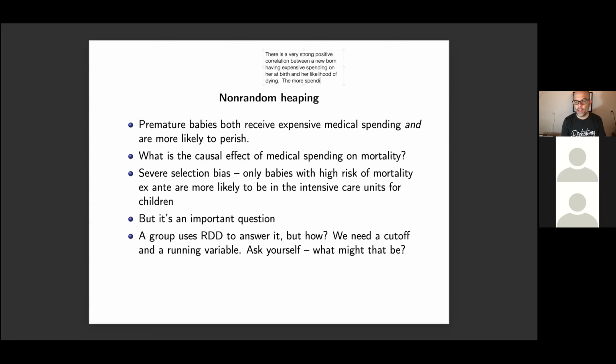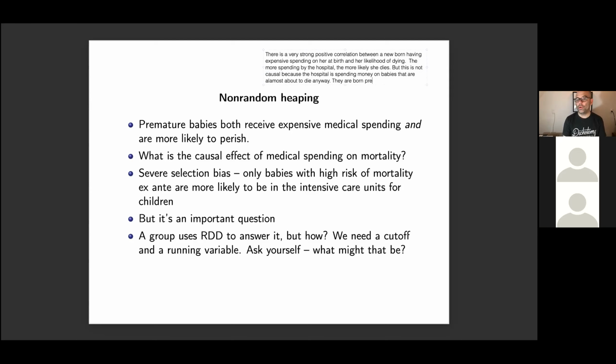The more spending by the hospital, the more likely she dies. This is not causal, because the hospital is spending money on babies that are almost about to die anyway.